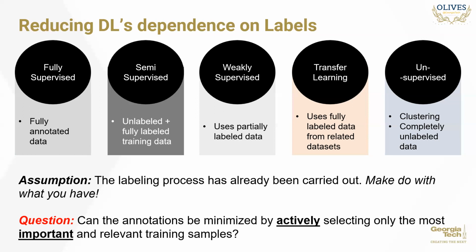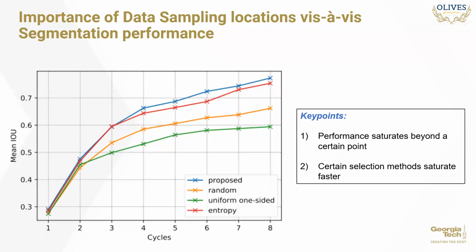But what is not looked at in a lot of these traditional paradigms is: can we select only the most important samples to annotate, even before the annotation process has begun? Can we guide the geophysicist, or the human user, to only annotate the most relevant samples? And that's where we bring in the well-known machine learning concept of active learning.